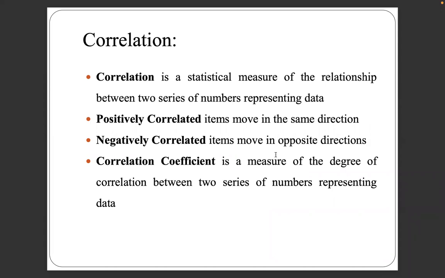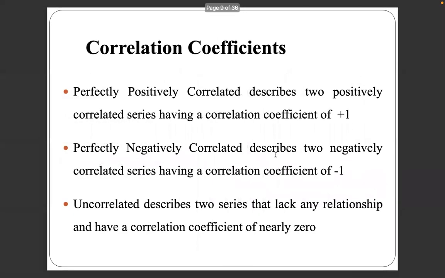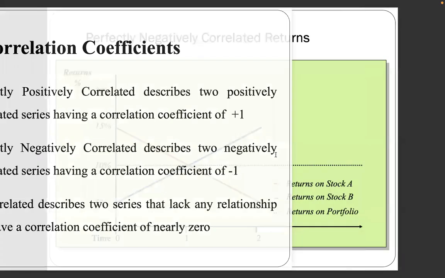And if it is closer to -1, that means they are moving in strongly opposite directions. Here the perfect positive correlation describes two positively correlated series having a correlation coefficient of +1, and likewise -1 for perfect negative. And if there is no correlation, then it is 0.